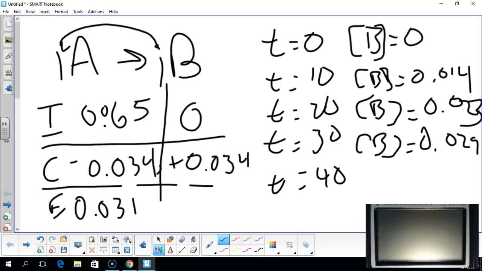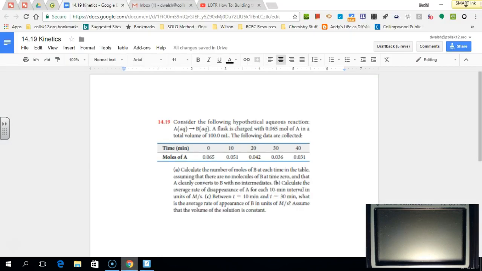That's the amount at the end, so B equals 0.034, and those are all units of moles. So that's part A.